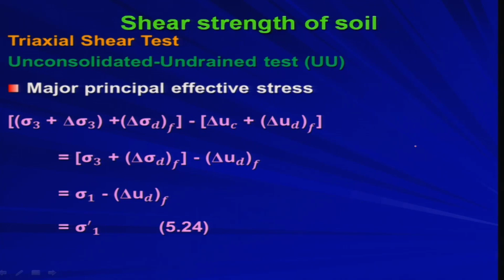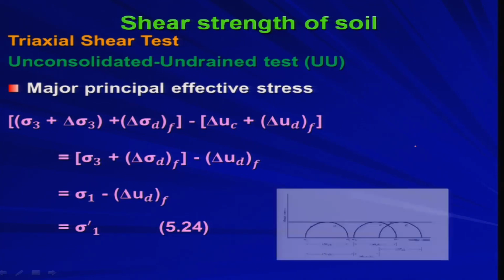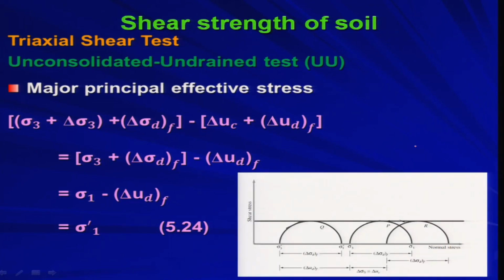Similarly, the major principal effective stress is sigma 3 plus delta sigma 3, that is the all-round cell pressure, plus the deviatoric stress sigma dF at failure, minus the pore water pressure delta UC, which develops during the increase of delta sigma 3, and delta UDF, the pore water pressure which develops during shearing.